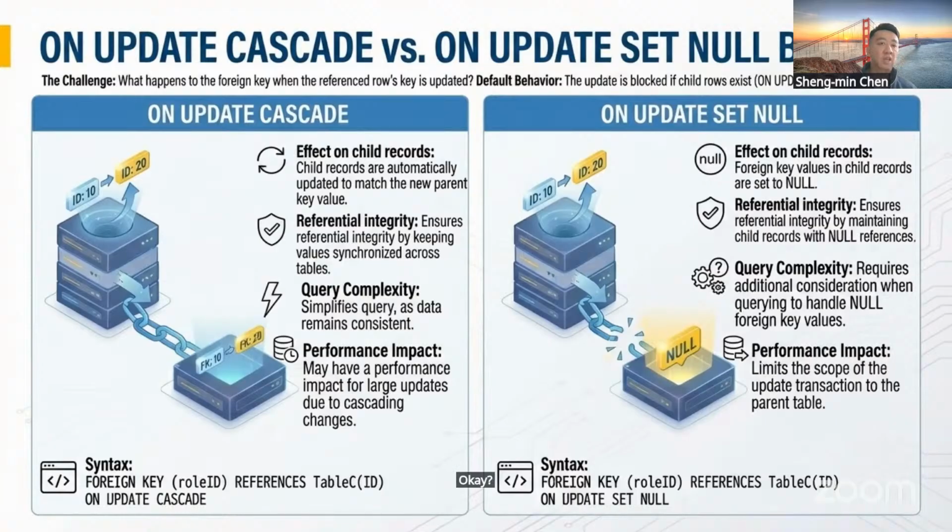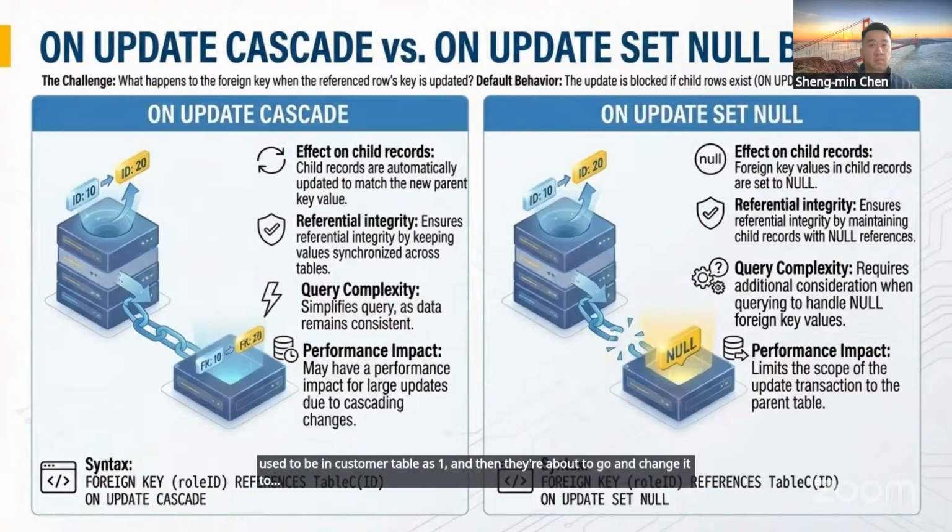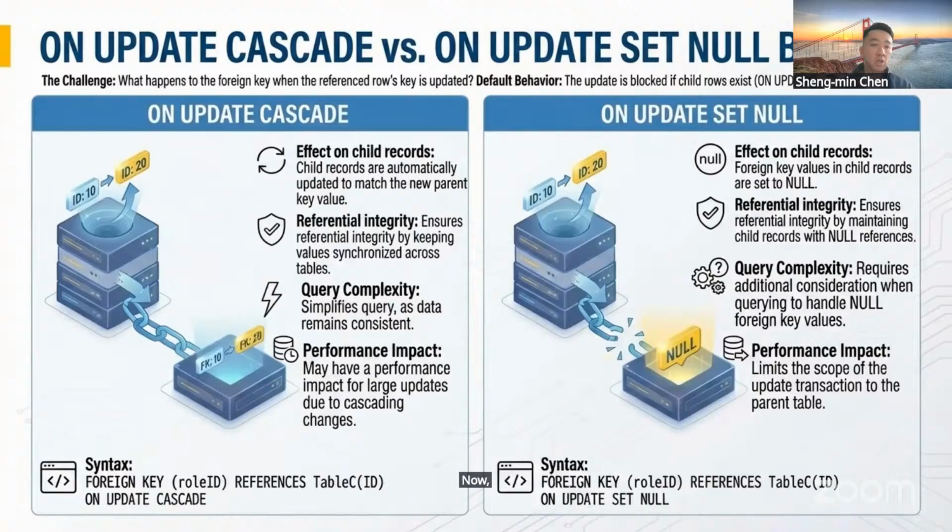They're about to change the ID of me as the customer. So let's say my primary key used to be one in the customer table, and they're about to change it to 1000. Now, that is also another use case where the relational database is going to enforce referential integrity.